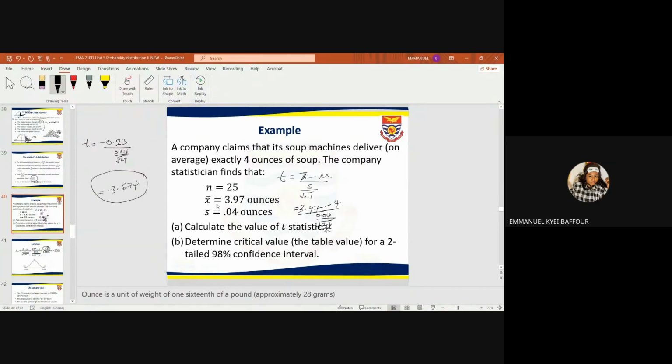I heard 0.23. So if it's 0.03, then check and let's see if the answer will be the same as this.